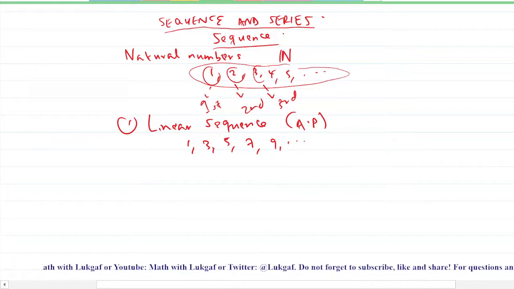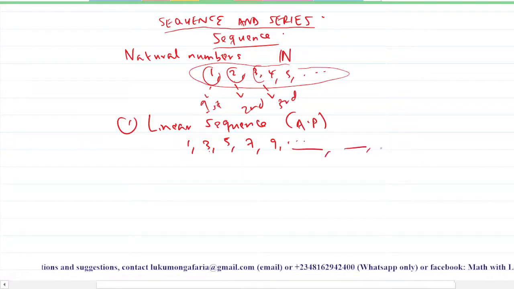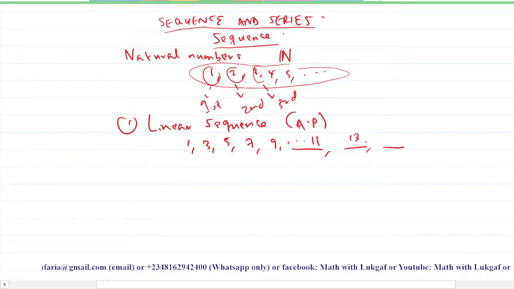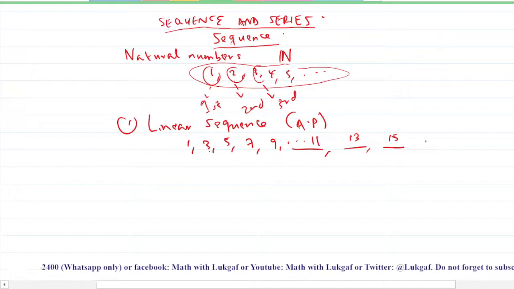If you add 2 here, you obtain 3. To obtain the next one, you add 2 again. Since it follows a pattern or a rule, you can obtain the next term after 9. The next term after 9 gives you 11, this one gives you 13, this one gives you 15, and so on like that.